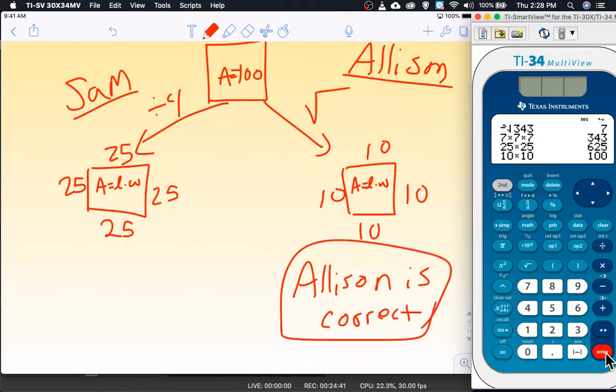Part 2 of the answer was give a counterexample to show why Sam is wrong. Can we give another example? Well, let's come up with a square of our own of side length 2. Nope, I'm not going to use 2 because I think 3 would just be better. So if I pick a square with side length of 3, area equals length times width would give us an area of 3 times 3 is 9.